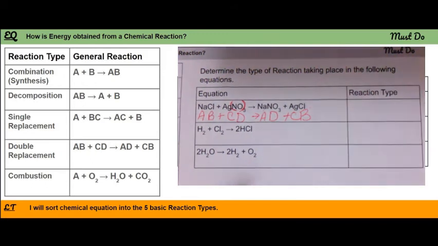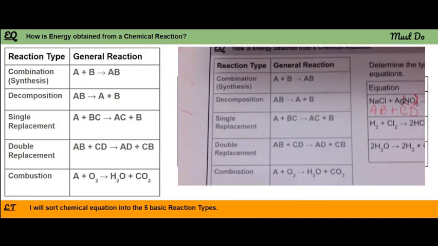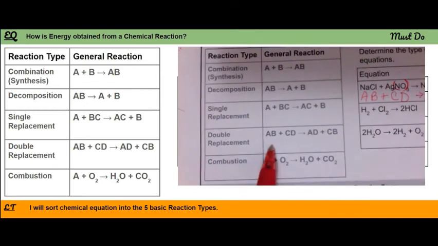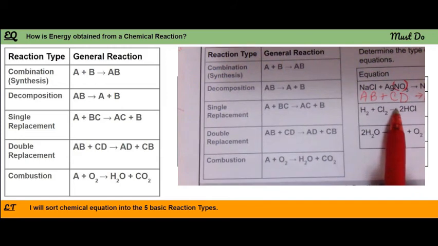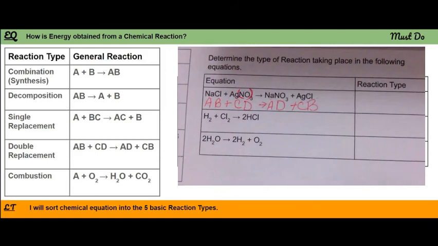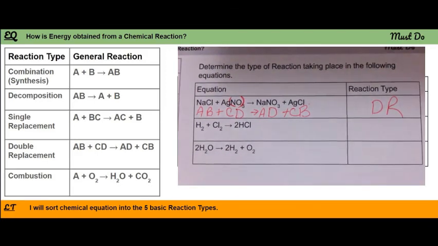Now if I go back to my chart, I can see that the layout is the same as the double replacement. So we're going to call that a double replacement reaction.